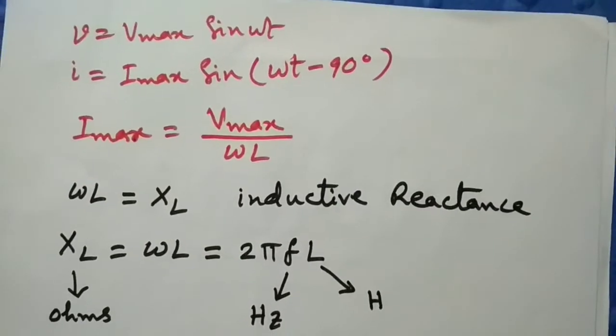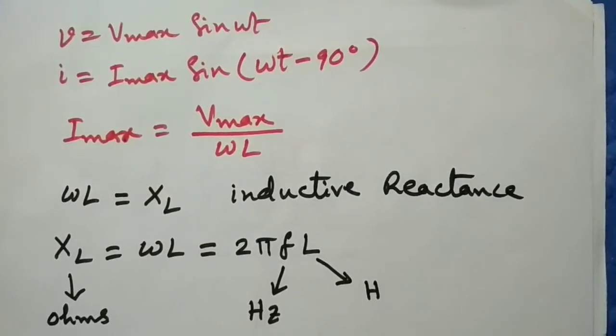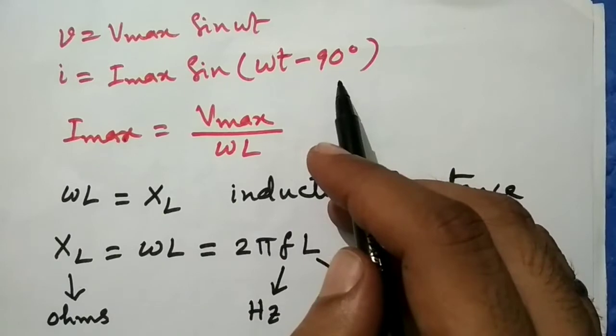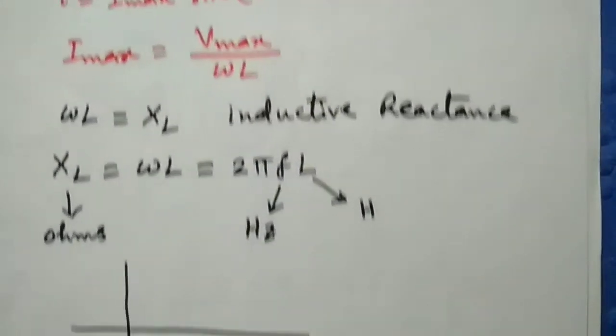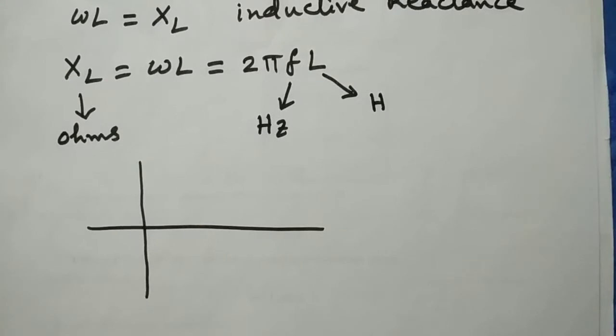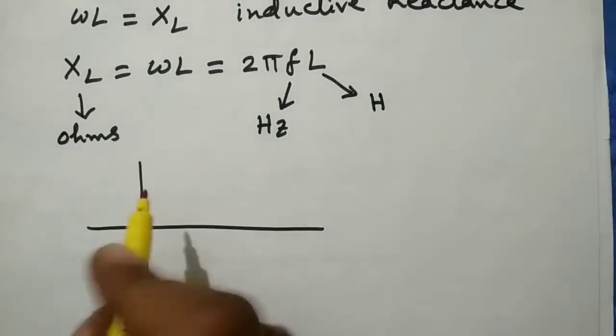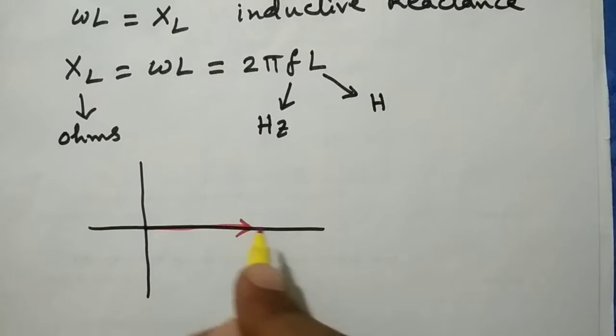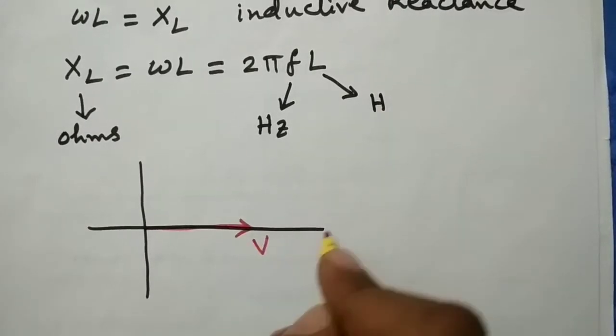Now here the voltage and current relations, if I see, it can be seen that the voltage is Vmax sin omega t and current is Imax sin omega t minus 90 degree. So draw the phasor diagram. In phasor diagram, the voltage will be in the reference line because V is equal to Vmax sin omega t.